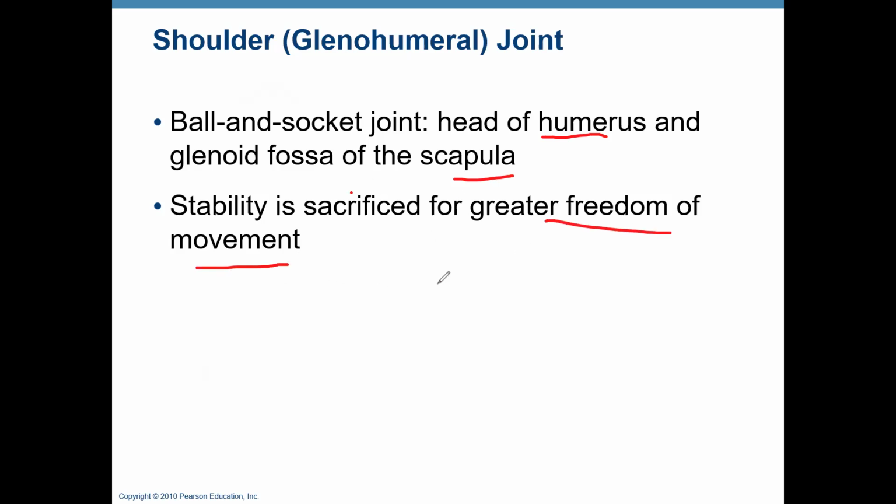You can move your shoulder, your arm, in many directions, but you're sacrificing stability. So you may often hear of a shoulder joint coming out of alignment due to injury. And when you stretch a ligament, you tend to lose some of its strength. So once you have a ligament or tendon stretch, the joint's more likely to come out again after a first time.